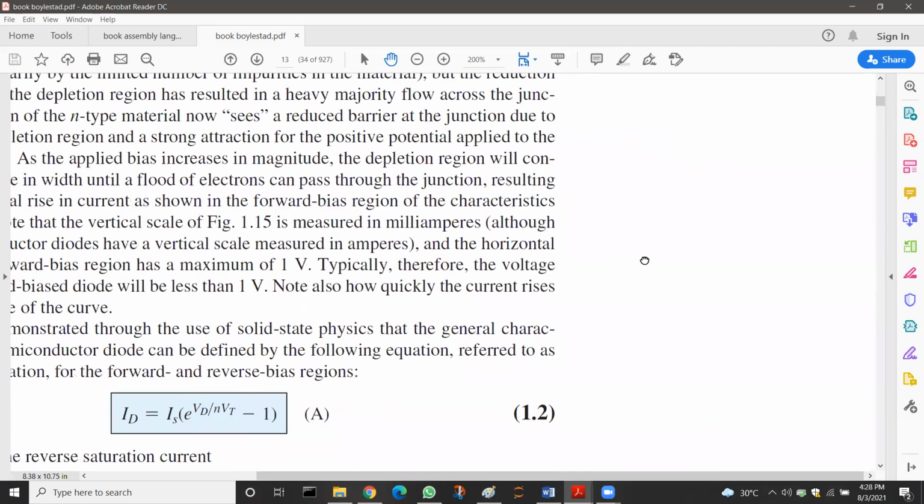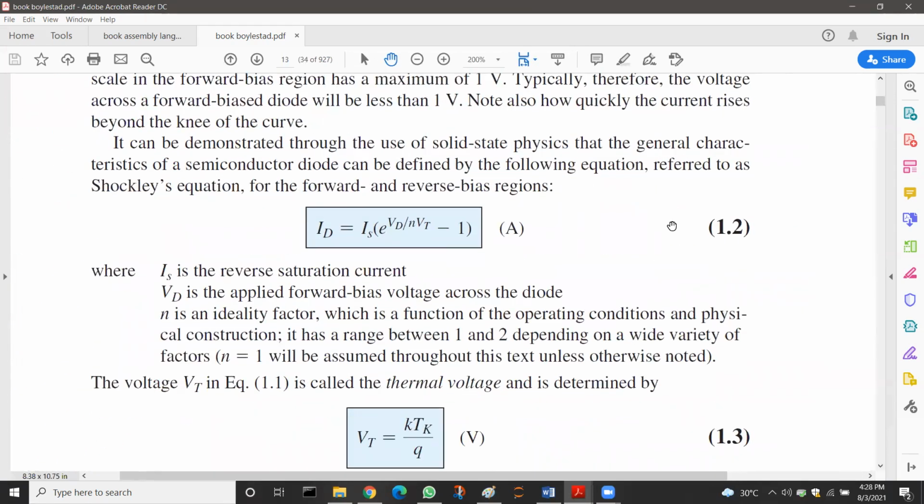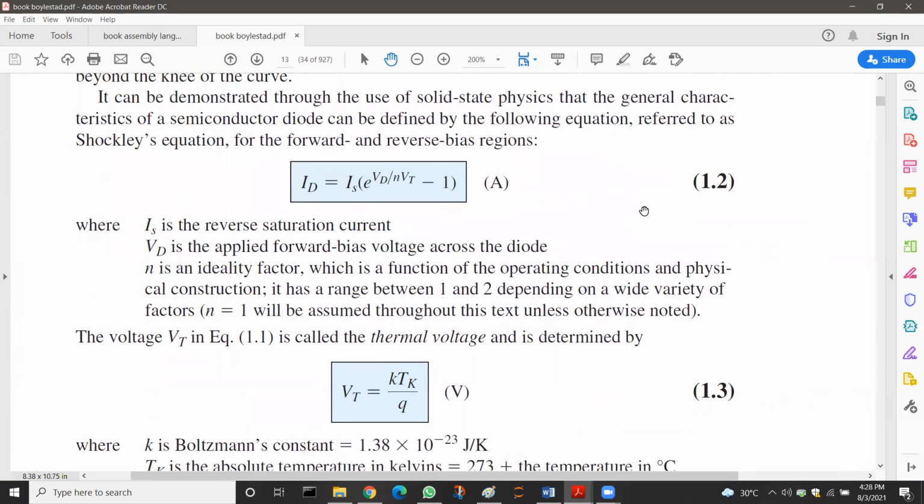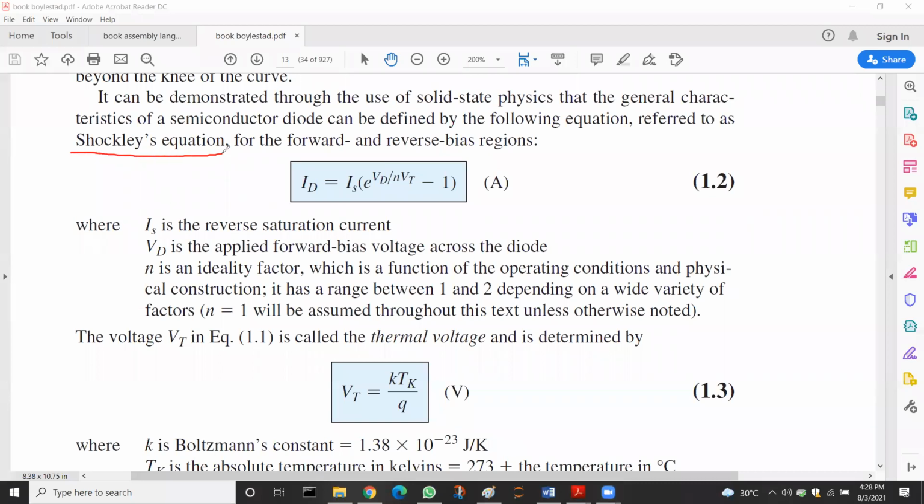Today we will discuss the models, and that model is based on this equation, which is known as Shockley's equation. It relates the current with the voltage, so that we can draw a curve.